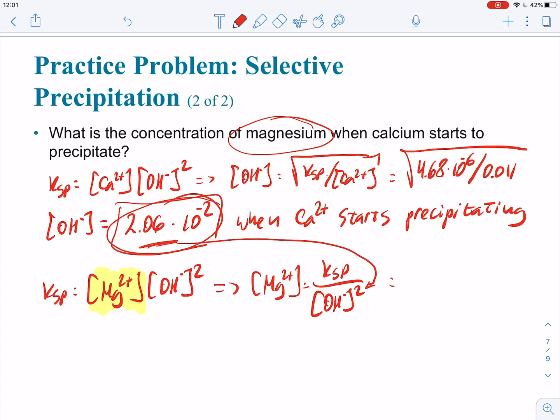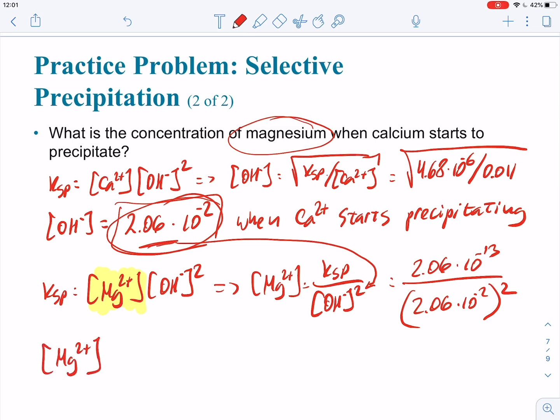This is equal to 2.06 × 10^-13 divided by 2.06 × 10^-2 squared. Therefore, the concentration of magnesium when calcium starts precipitating is equal to 4.85 × 10^-10.